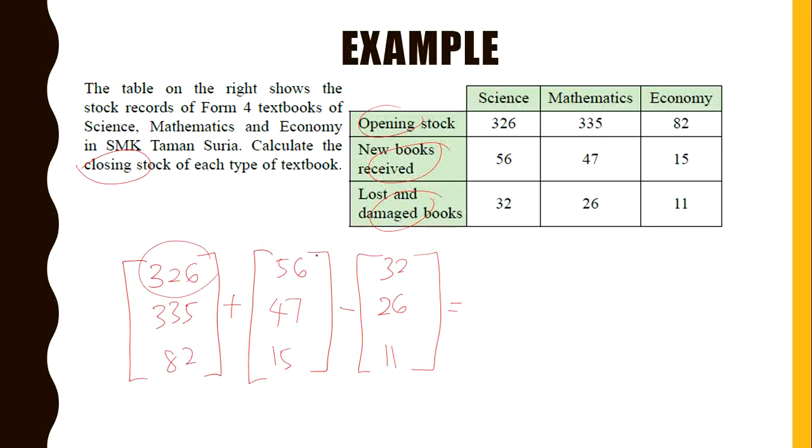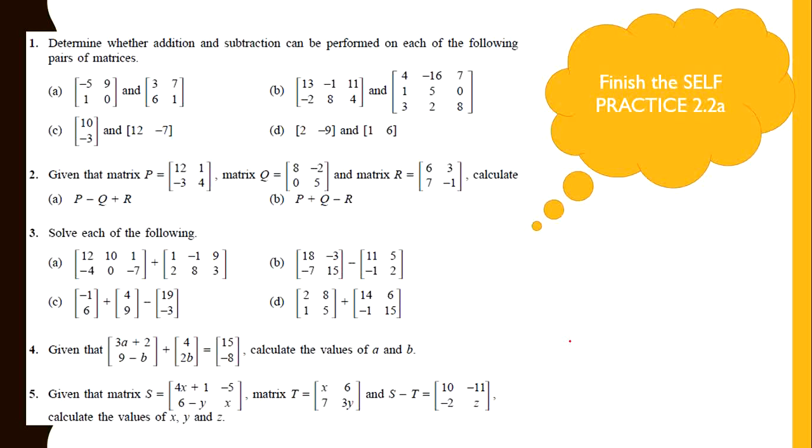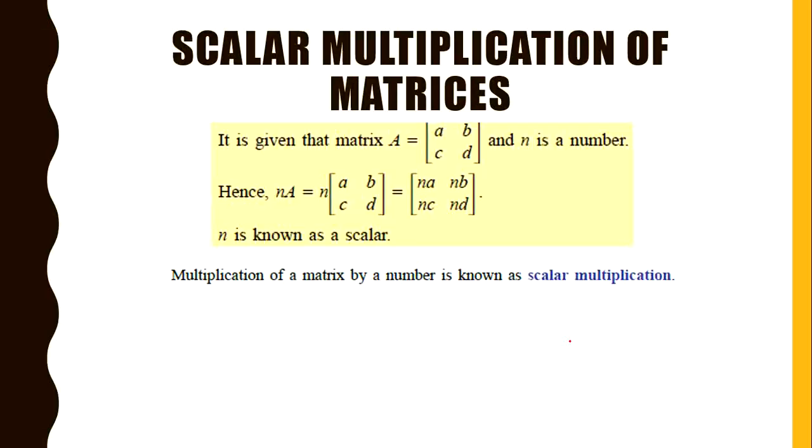Ni untuk buku sains ni. So berapa closing stock untuk buku sains? Closing stock for science textbook is 350. For mathematics, 356. And last one for economy, we have 86 books. So, finish self-practice 2.2a.